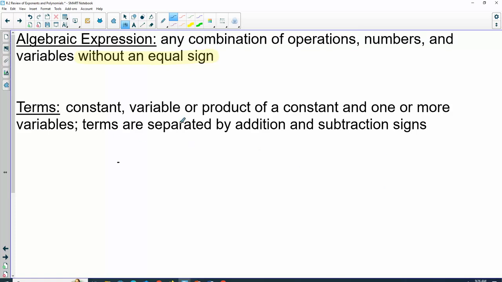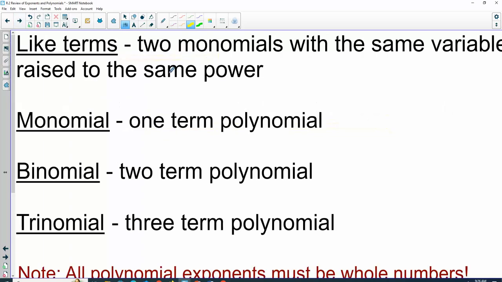The terms are always separated by addition and subtraction signs. So when you see a plus and minus, it breaks apart different terms. Like terms have the same variables and the same powers. So you probably remember hearing combine like terms. So when we're looking at that, we're looking at same variables, same exponents.